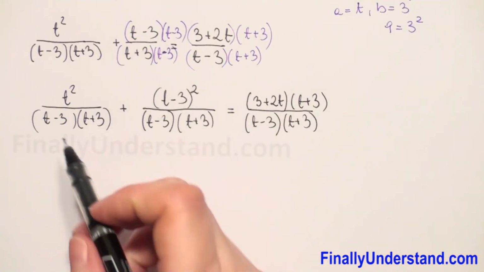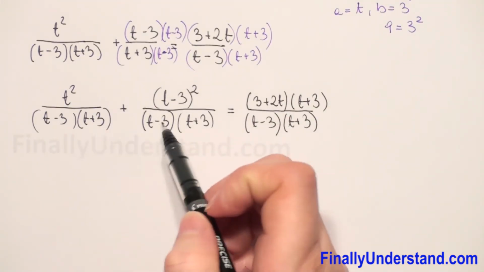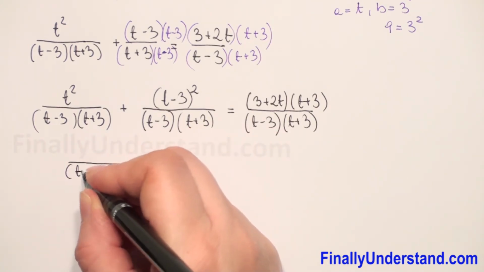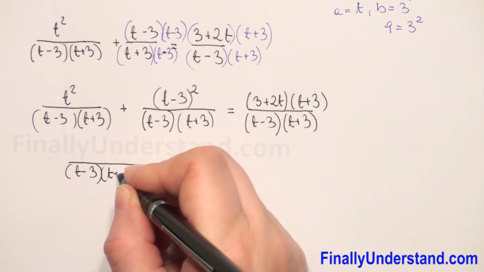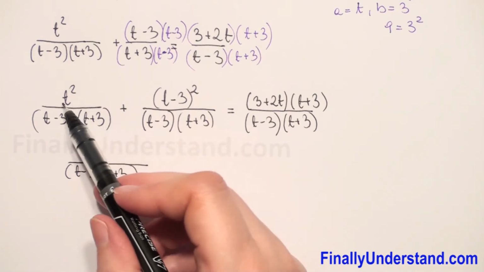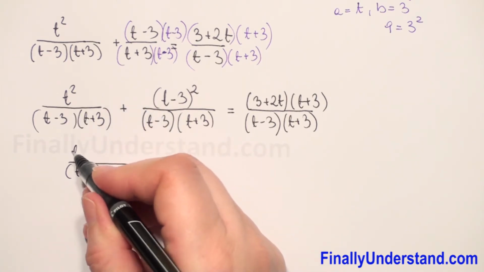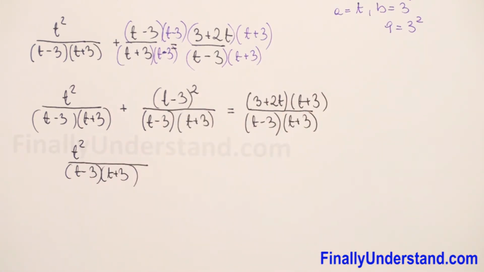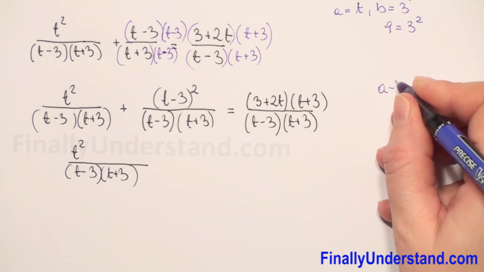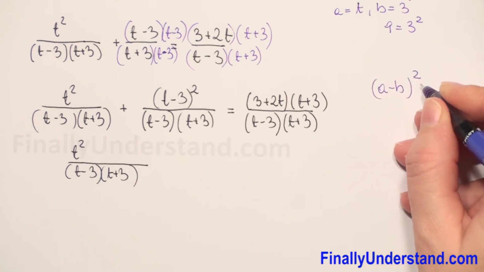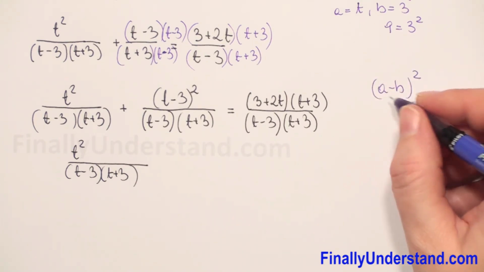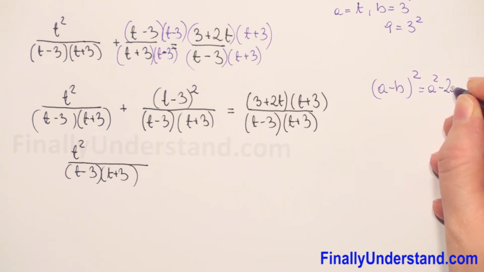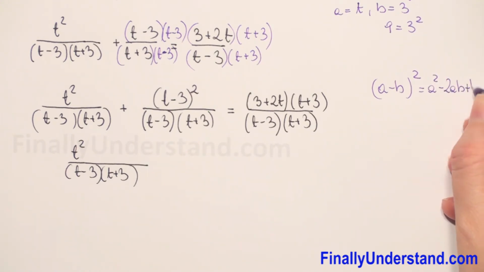Now, when we have the same denominators, we can add these two algebraic fractions. We copy the denominator and add the numerators, so it will be t squared plus t minus 3 to the second power. We can use the formula for a minus b to the second power. This is the square of a binomial, equal to a squared minus 2ab plus b squared.